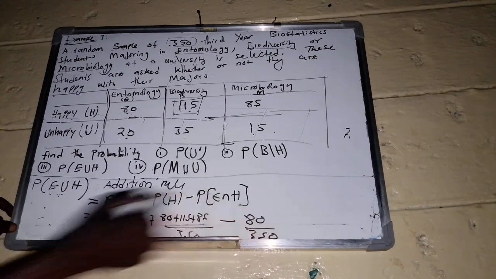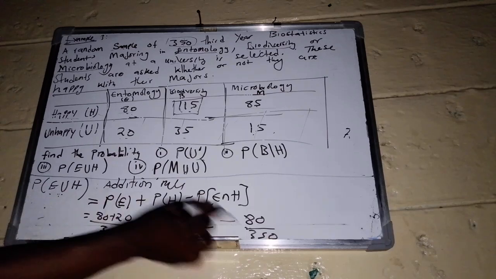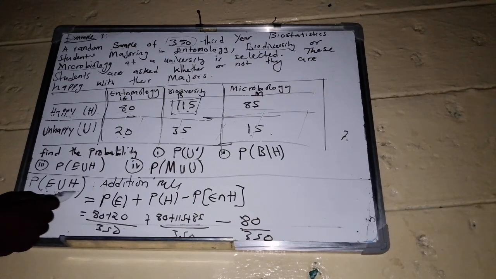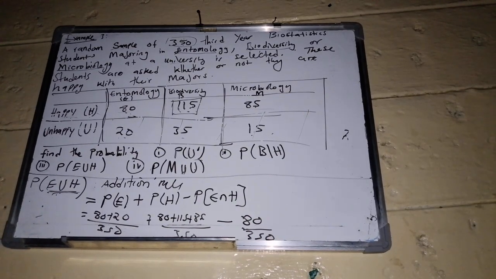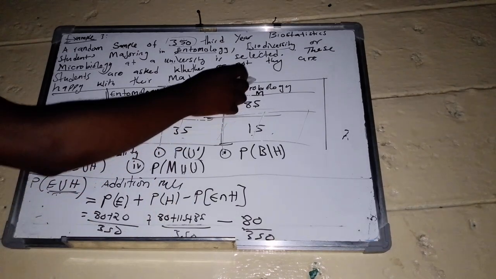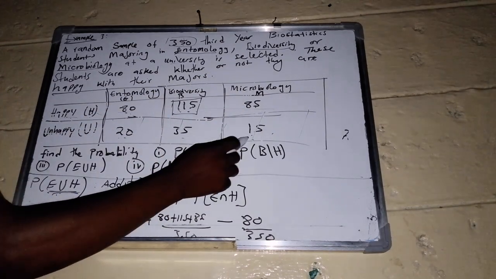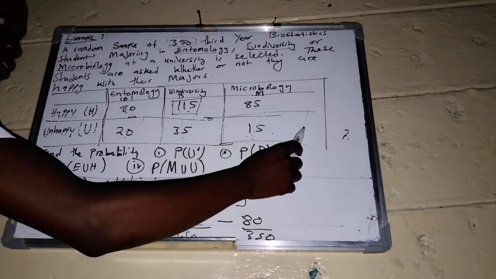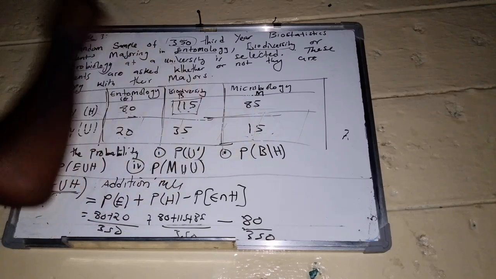Once you do the mathematics, you're supposed to be able to find the probability of E union H. The same goes for the probability of M union U, meaning the probability of M plus the probability of U minus the probability of the intersection.